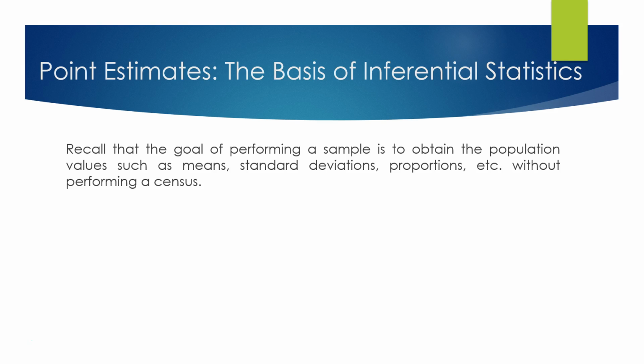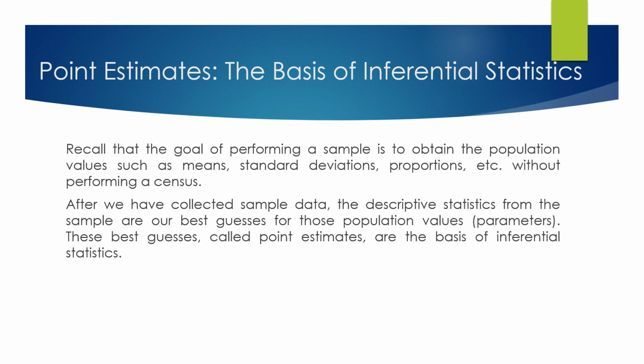And we also discussed, and some of you got to show, that the sample being selected well usually means that we target those population values, such as mean, standard deviation, proportions, almost exactly, even if we didn't perform a census. So once we perform a sample, those means, standard deviations, whatever, those are the point estimates. So if you have a data set and you find the mean, well, that's your best guess for the population mean, especially if you've done a good job collecting your sample.